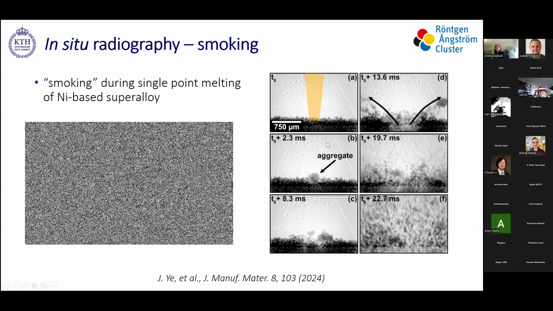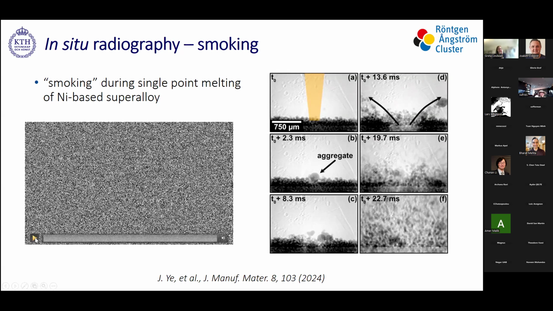In the next image, you can see that some aggregates start to form, some melted material aggregates. Then in the C and D images, you can see some evaporation-driven repulsion of particles from the area where the beam has impacted. And in E and F, there is a rapid repulsion of the powder particles due to electrostatic discharge of the charged-up powder particles.